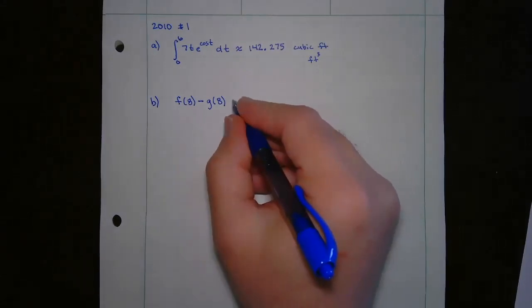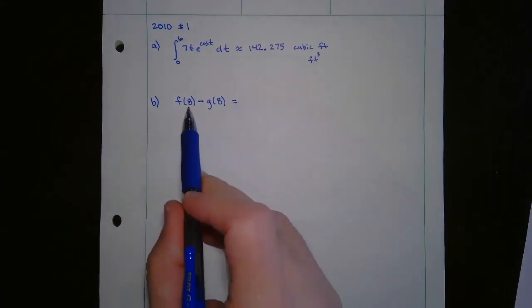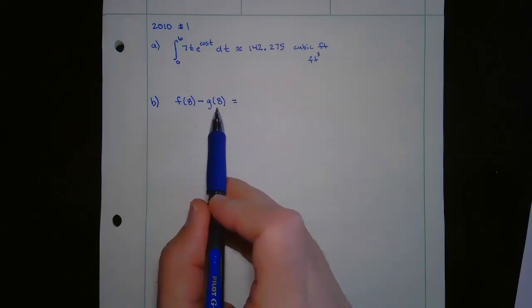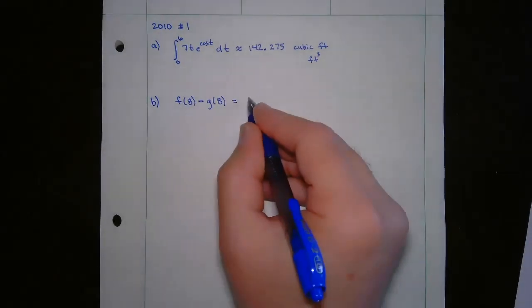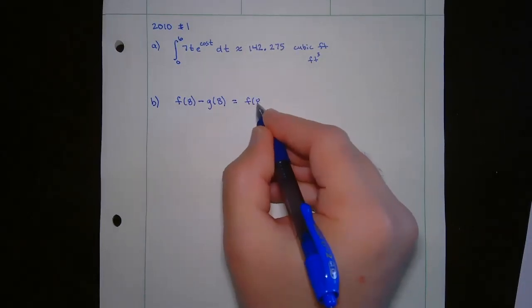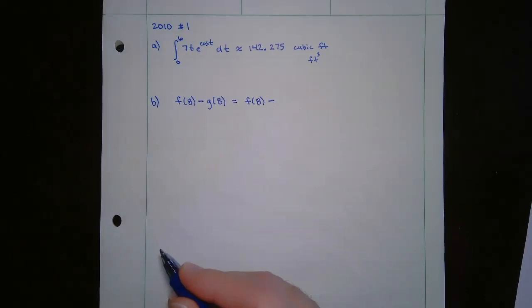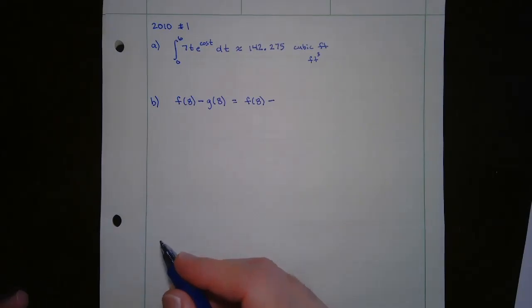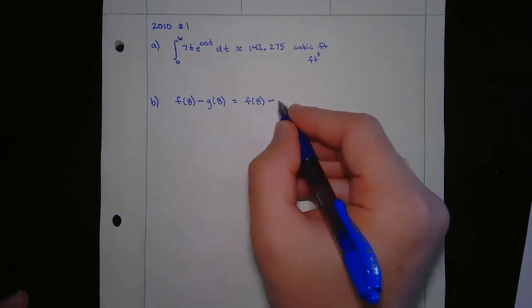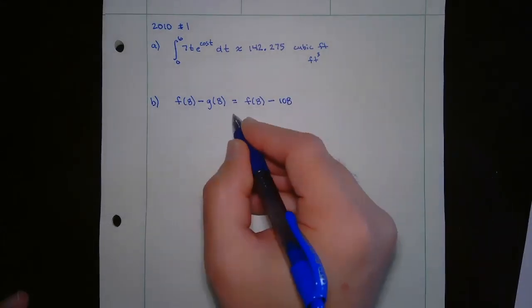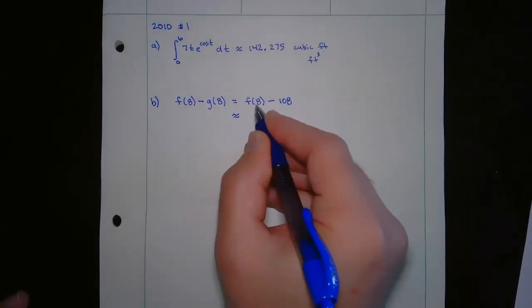Now, G of 8 we actually know, because for 7 less than or equal to T less than or equal to 9, it's 108. We're going to need a calculator for F of 8. So F of 8 minus 108.